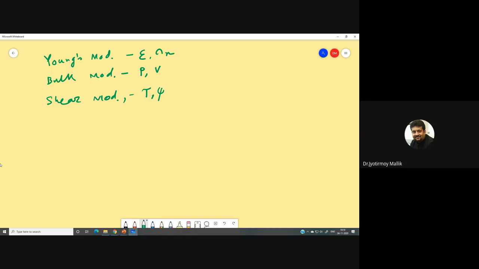Now, let us look quickly at the relationship between these three. You can find the derivation in Lowrie's book, but I think you have also done it in your school days, so I'm not repeating it. You can find two extremely simple relationships. K, which is the bulk modulus, is equal to E, which is my Young's modulus, divided by 3(1 minus 2 nu), where nu is the Poisson's ratio.